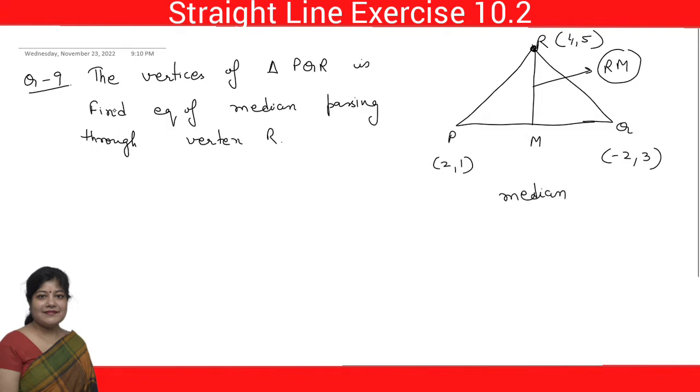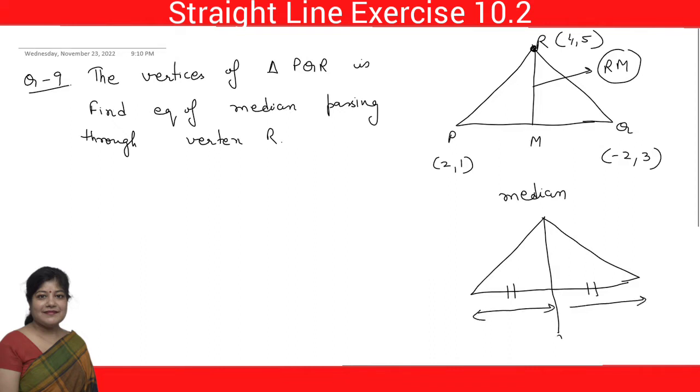Ma'am, for example, this is a triangle. There's one line which bisects the opposite side into two equal parts. For example, this is 8 centimeters, so this is 4, this is 4. Then this point is the median.